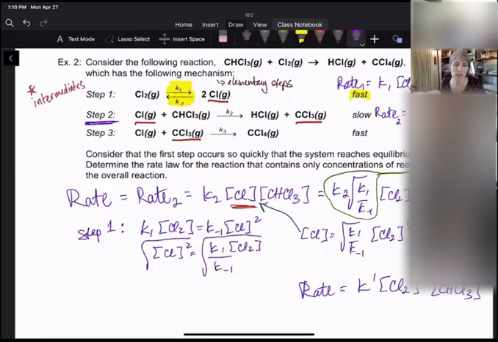And now we have a rate law that we can test experimentally, right? We can do the method of initial rates, change the initial chlorine and the CHCl3 concentrations, and verify this rate law. And if it does check out experimentally, then maybe this is the mechanism. If it doesn't, then we have to throw our mechanism out and try again.